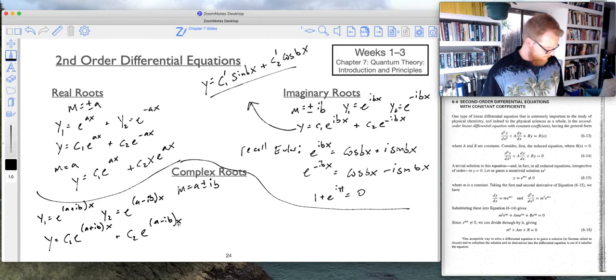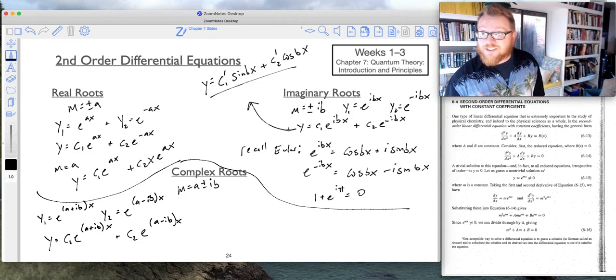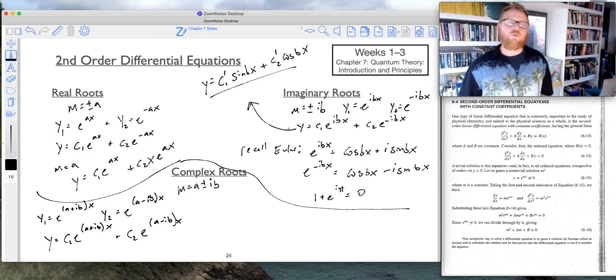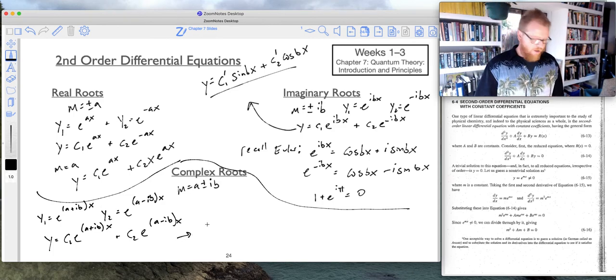The way that this would shake out if we used Euler and got this in terms of sines and cosines, which is more useful for a wave function, I'll give you the general solution.